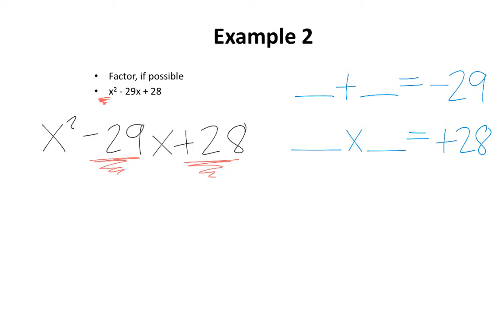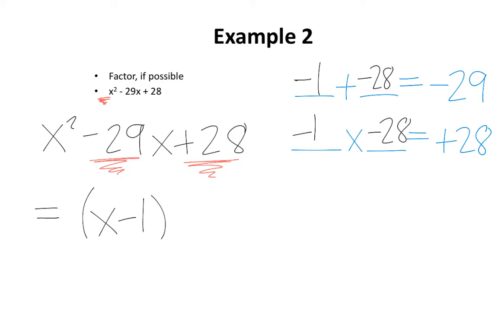Two numbers that add together to give you negative 29 are negative 1 and negative 28. If I multiply those same two numbers, I will get positive 28. Therefore, I can factor this quadratic expression to x minus 1 multiplied by x minus 28. And if you wanted to check your answer, you could use the FOIL technique.